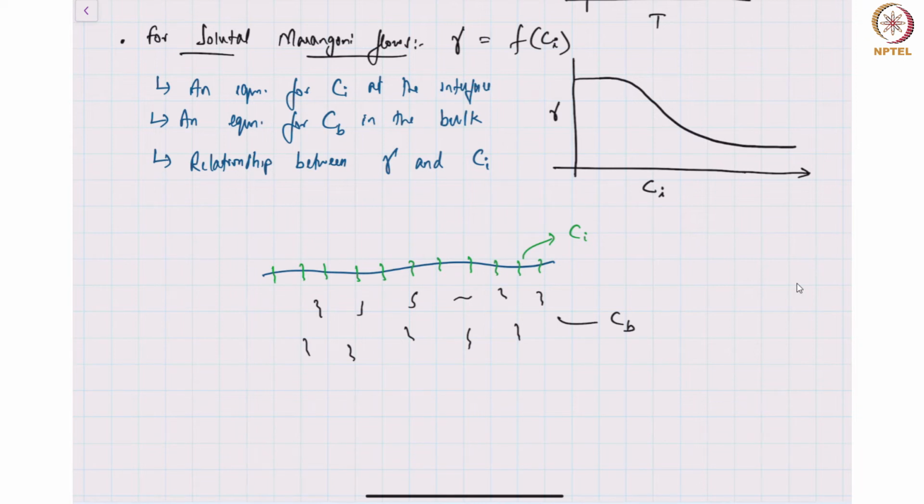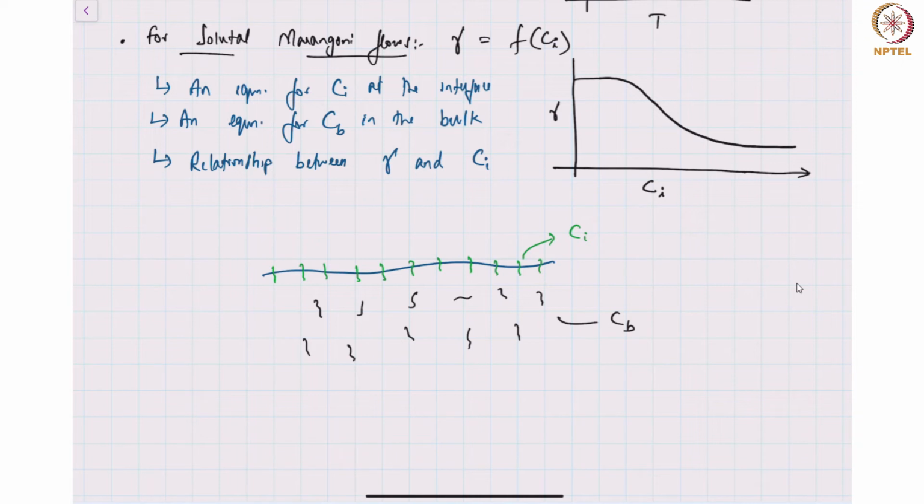We are determining what is the concentration of these surfactants in a region, in a small volume, and we are writing down concentration evolution equations. These are typically advection diffusion equations, with a source and a sink term, because the source and the sink term will take care of adsorption and desorption between the interface and the bulk.